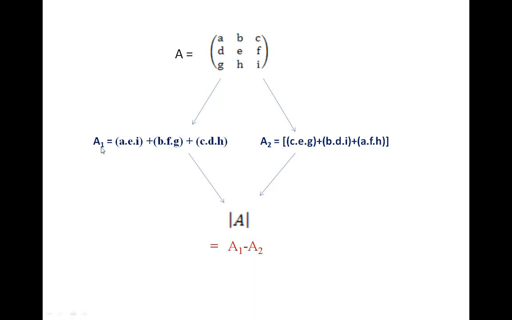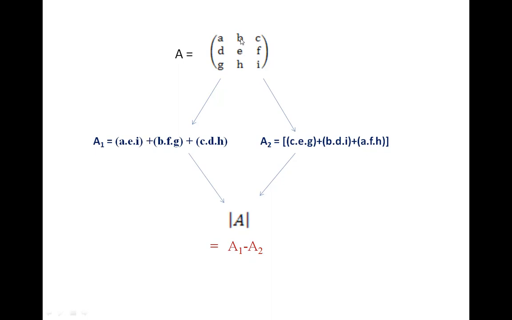In this case, we have to consider two components, A1 and A2. A1 is the summation of multiplication of those elements which are considered from left to right. Here A1 is the summation of A into E into I. So here you can see A into E into I.